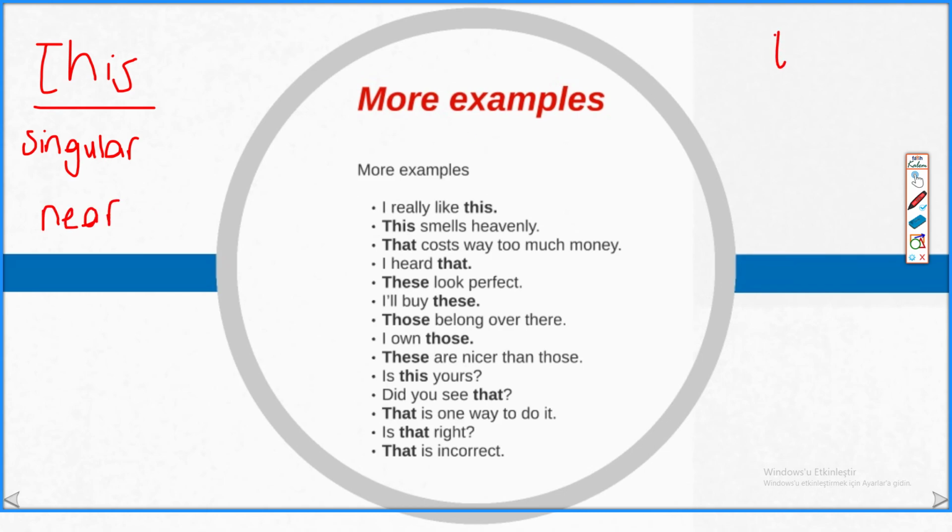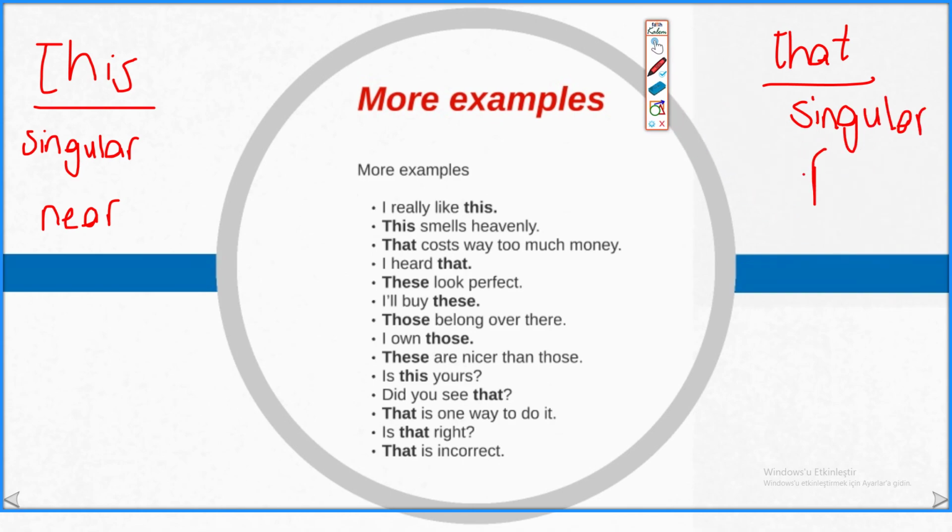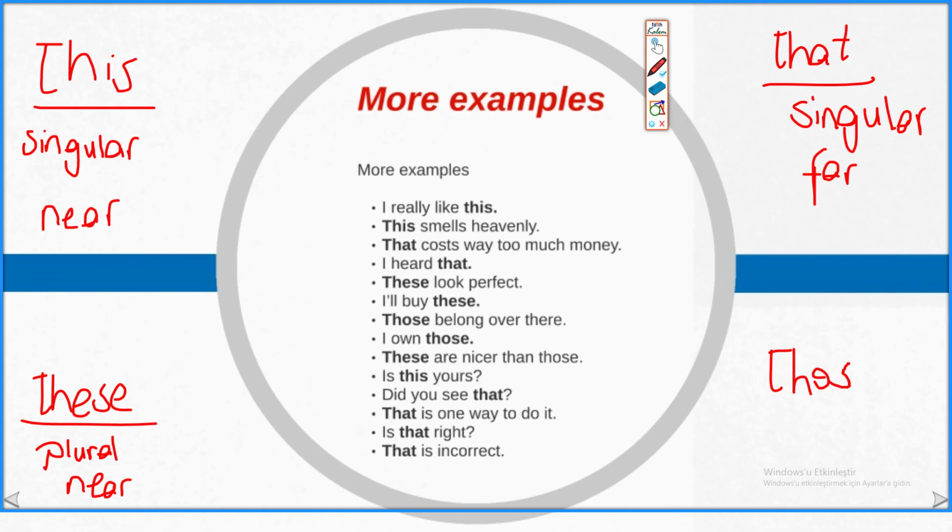But when we have that, we should say that it is singular also, but it is not near, it is far. But when we have these, we should say that it is plural but near. But when we use those, don't ever forget that it is plural but also far.